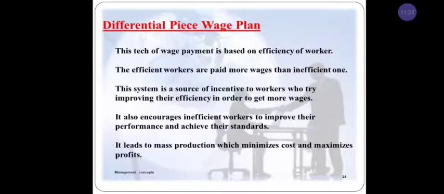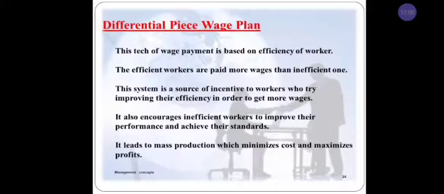That means more efficient workers will get a very good salary, and inefficient workers will not get a very good amount for their work. He is encouraging the workers to work more. With that, productivity increases, and profit also increases. This is called the differential piece wage system.